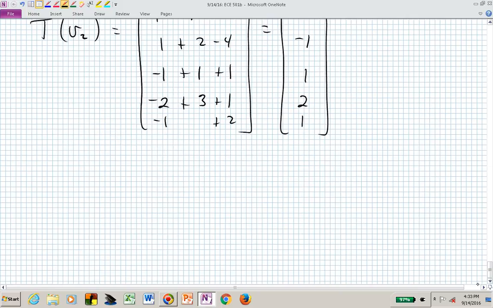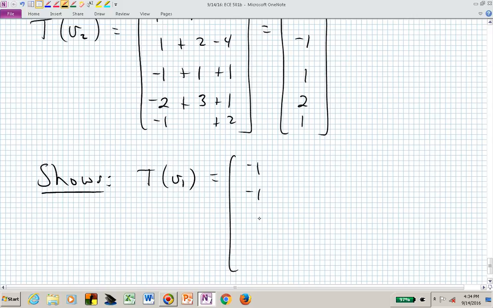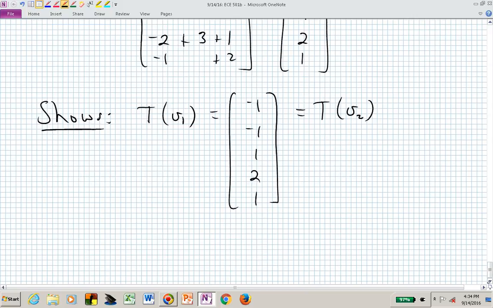And what this is now telling us is that the linear map applied to V1 is minus 1, 1, 2, 1. And that's also the same output vector that we get for a completely different input vector.